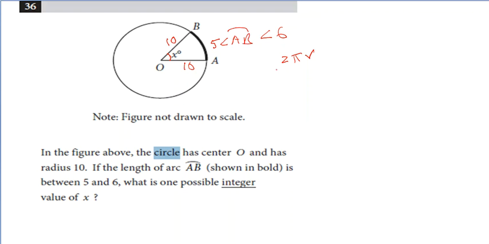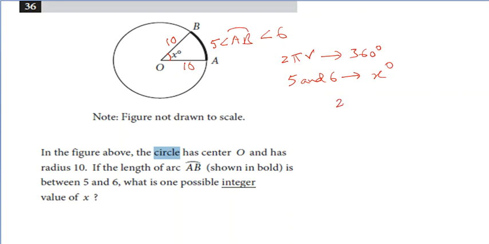That corresponds to 360 degrees. And something between 5 and 6 corresponds to x degrees. So let's just look at the lower limit.